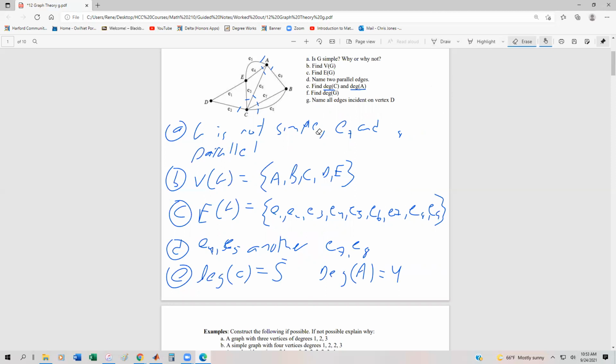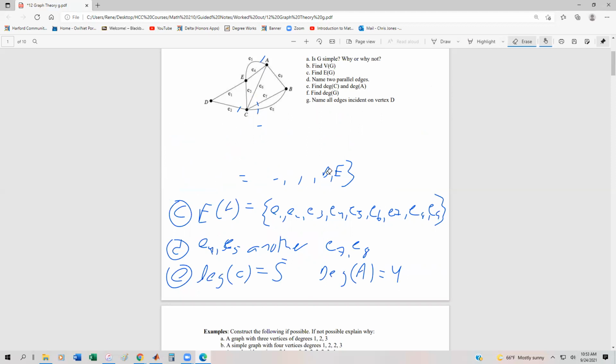All right, so let me erase really quickly, give us some room so we can work the rest of this. And the next one says we just want to find the degree of the entire graph, all right? And that's not too difficult because we've already found the degree of 2 of the vertices. So we just need the degree of the other 3, right?